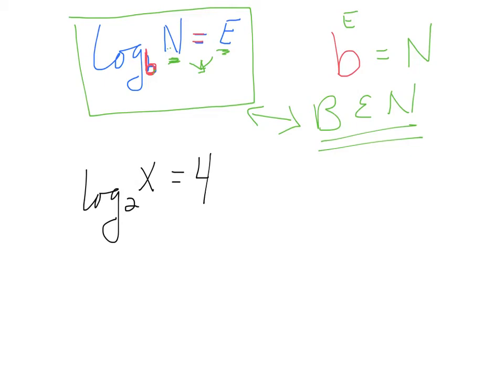So in order to find x, which is what I want to do, I'm going to solve this log equation by putting it into Ben, or exponential form, knowing which role each of these three parts plays, okay? So of course the base right here is my 2, and then the exponent comes from the 4. So 2 to the 4 will equal my number x. This is easy now. Now it's just a matter of plugging that in your calculator or whatever, and 2 to the 4th is 16.